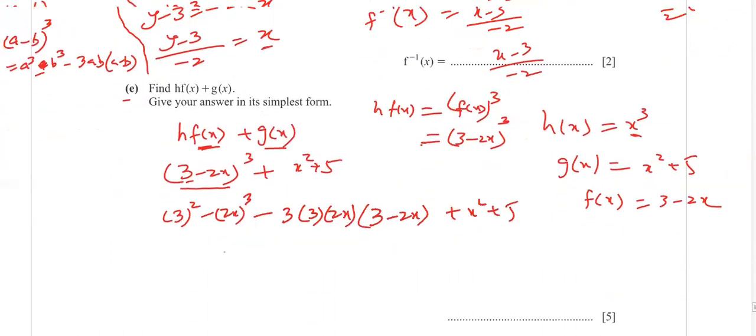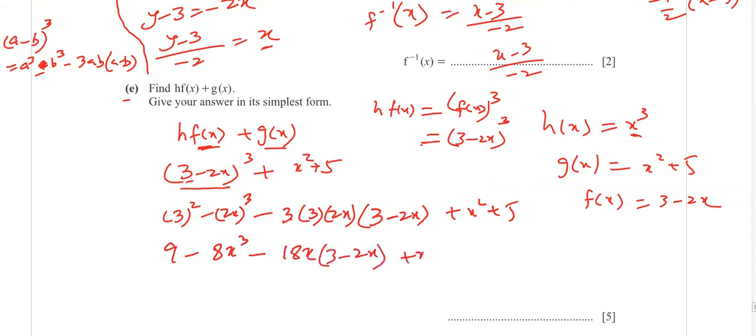So what I will have now from here, 3 square is 9, minus 2 cube is 8, it will be 8x cube, minus now 3 into 3 is 9, 9 into 2 is 18, it will become 18x into 3 minus 2x, plus x square plus 5.